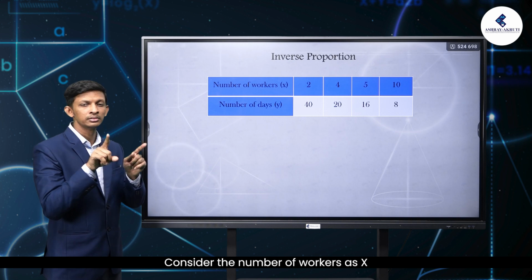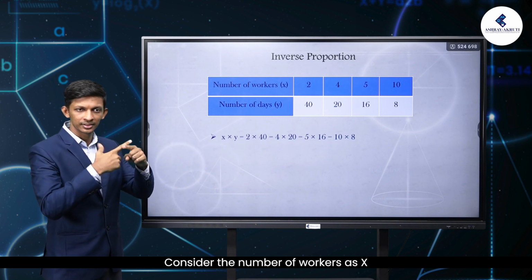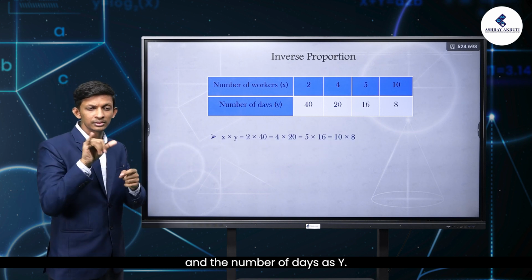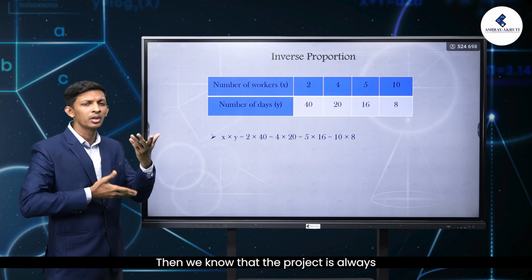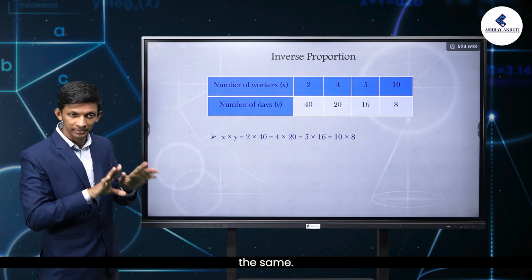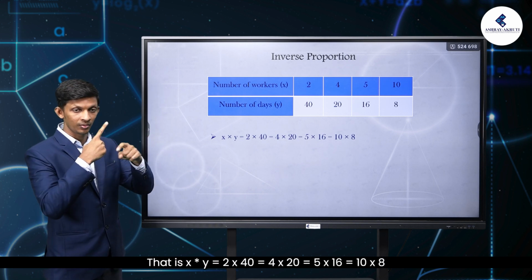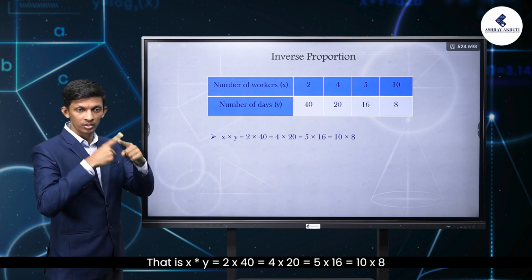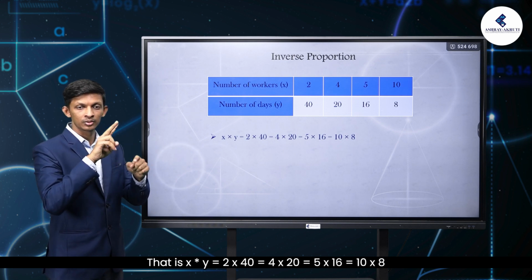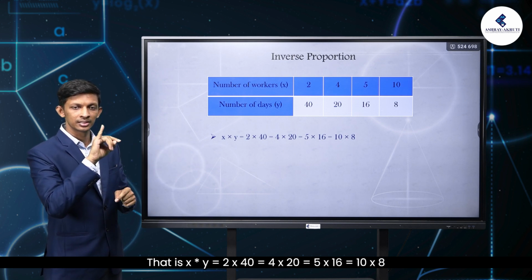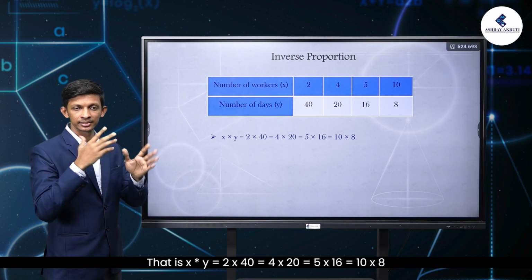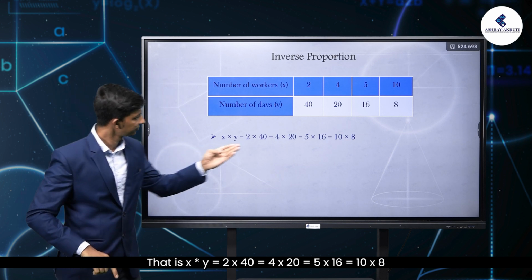Consider the number of workers as x and the number of days as y. Then we note that the product is always the same. That is, x into y, which is equal to 2 into 40, and then 4 into 20 is equal to 5 into 16 and 10 into 8.